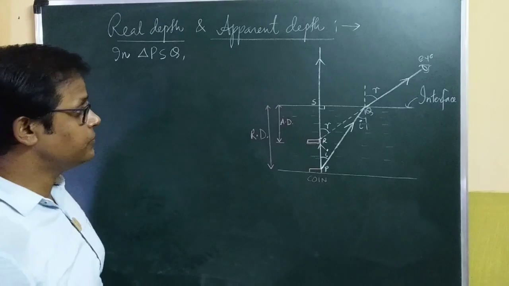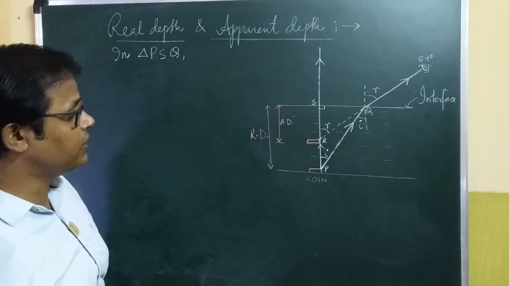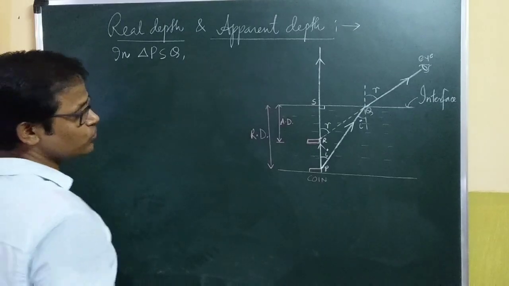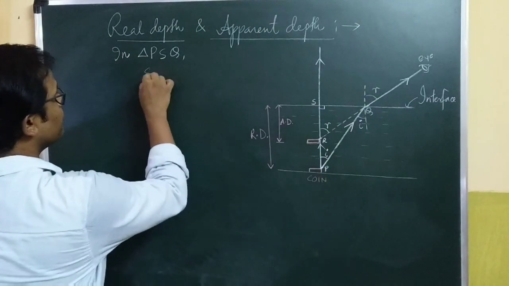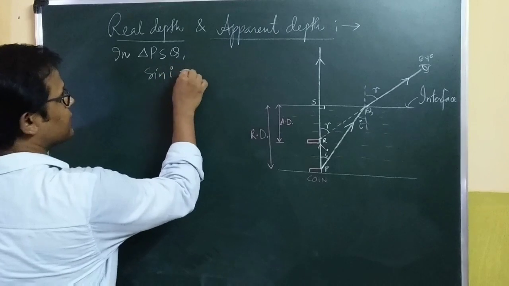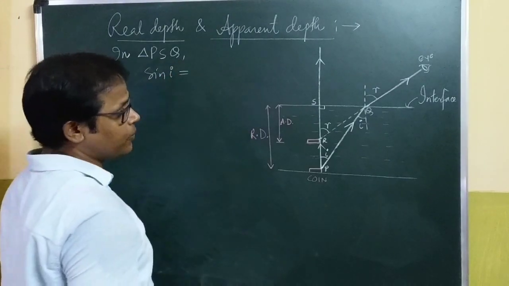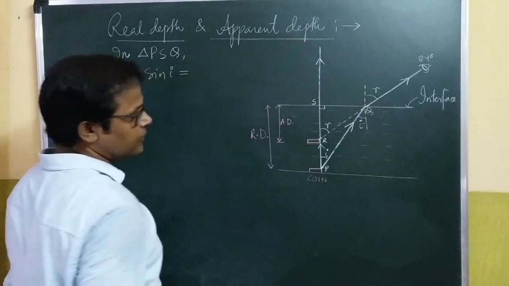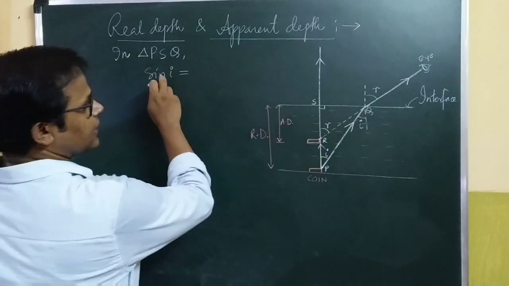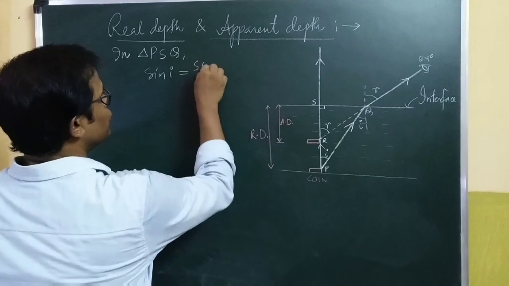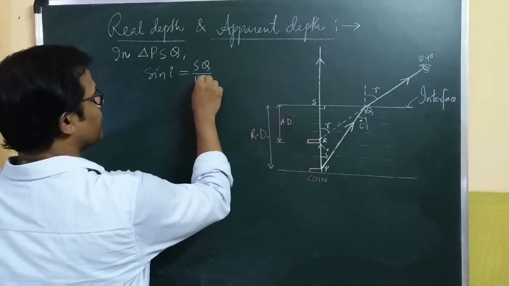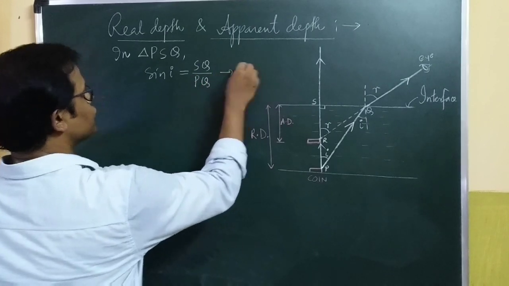Come on, you can tell me what to be taken over here. If I take, for example, sine of i, what happens? Sine of i is perpendicular by hypotenuse. So sine i is SQ by PQ, equation 1.